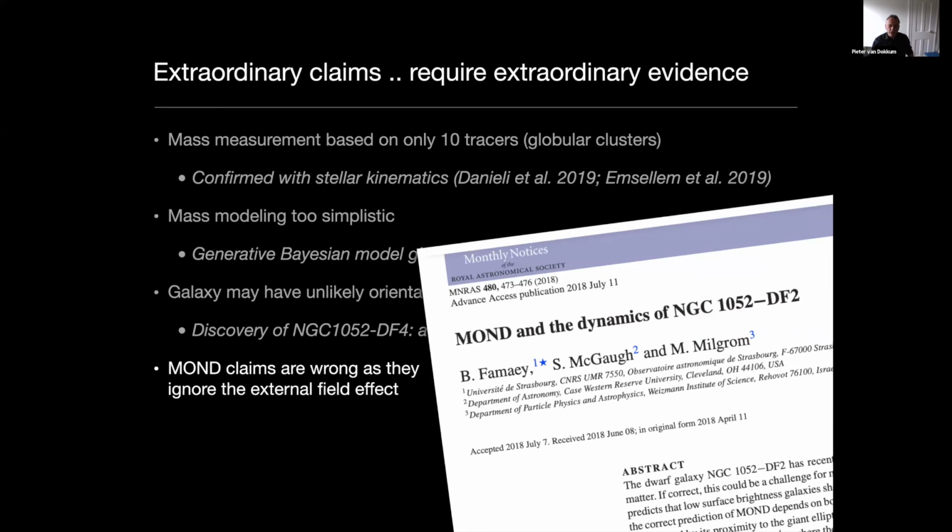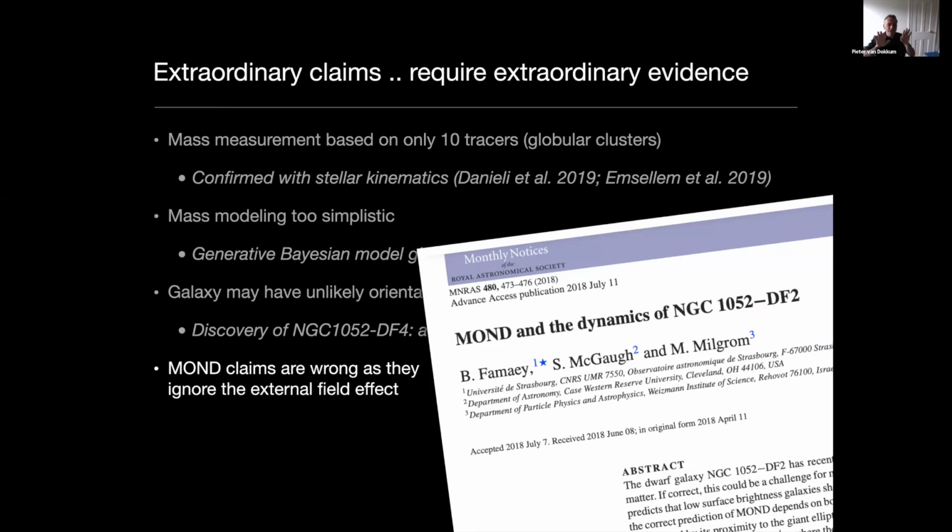Then finally, a point that is correct, and that we just missed: the folks who work on MOND quickly came out with several papers. This is July 2018, just 2 months, I think, after our paper. And there was a note in Nature too, in response to our paper by Famaey and company, that said that in MOND, if you are close to a massive galaxy, you're no longer in the MOND regime.